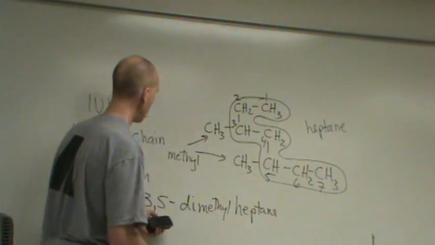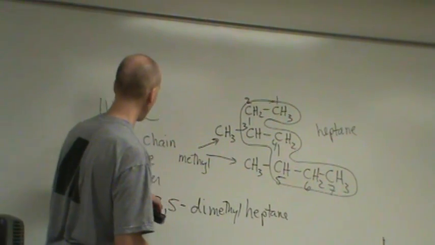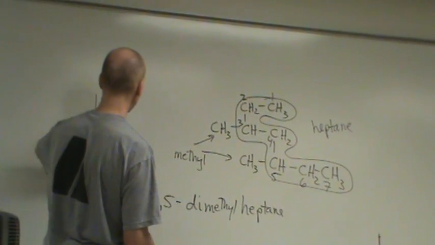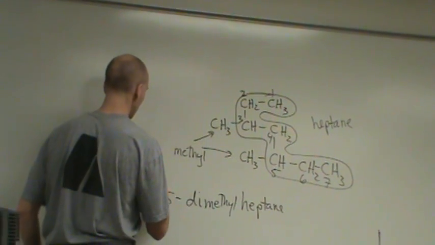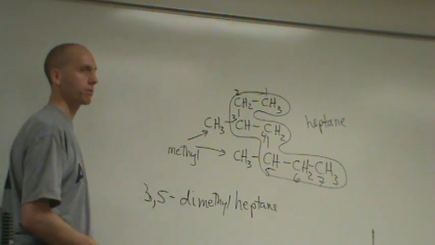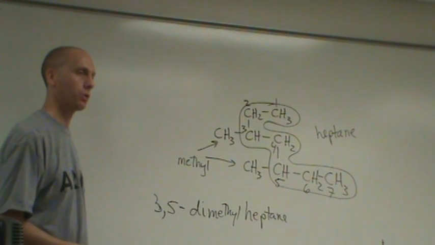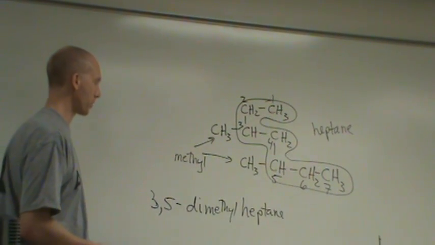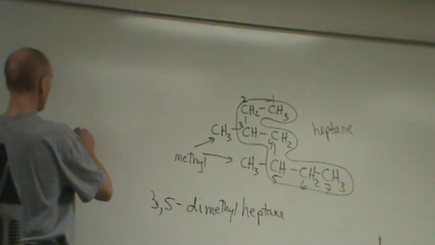Well, if I gave you the name 3,5-dimethylheptane, you should be able to draw that structure. So how would you go about doing that? What do you think the first thing you would draw would be? The parent chain, which is heptane. So I could just draw 7 carbons.